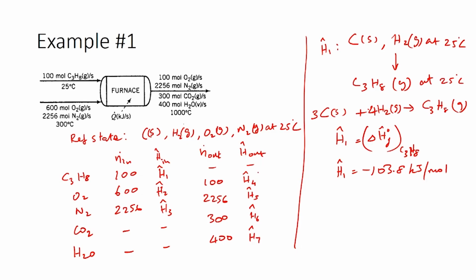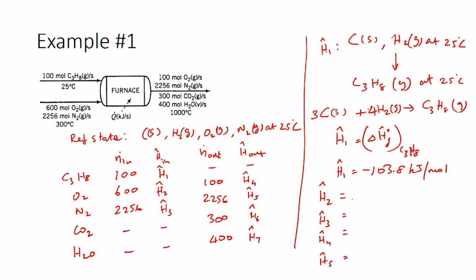So, these would be processes where you only have change in temperature, which was exactly the same as what you had in the previous method, which is the heat of reaction method as well. So, let us not waste time trying to explain what that process is. We can just get the values for H2, H3, H4 and H5 directly from the tables for combustion gases. So, we will fill out these values.